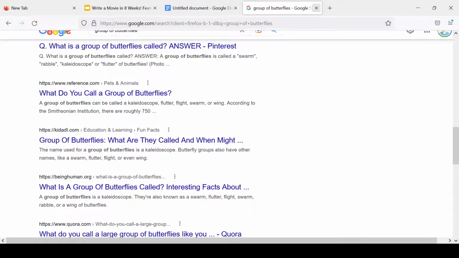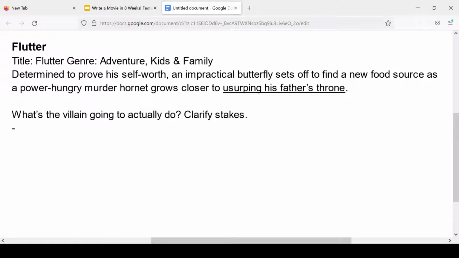Okay, so I think I see the very basics, but can I ask what exactly does he have to do? So you say he sets off to find a new food source. What's his objective? Do they actually know what the objective is, or is he just wandering out in the wilderness trying to find something? He's determined to find this fabled mirage that is known as the Sea of the Sun, which is supposed to have resilient flowers that can pretty much thrive in all seasons.